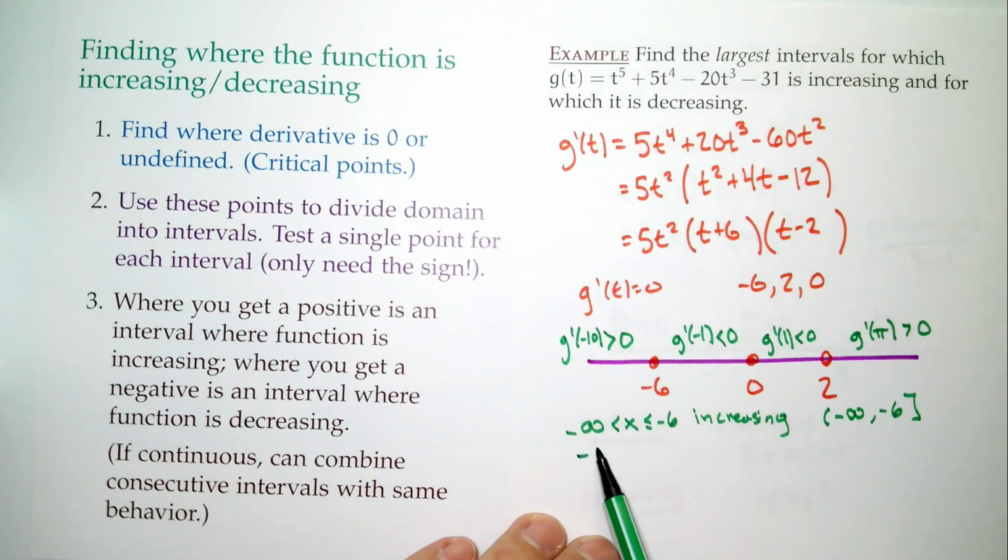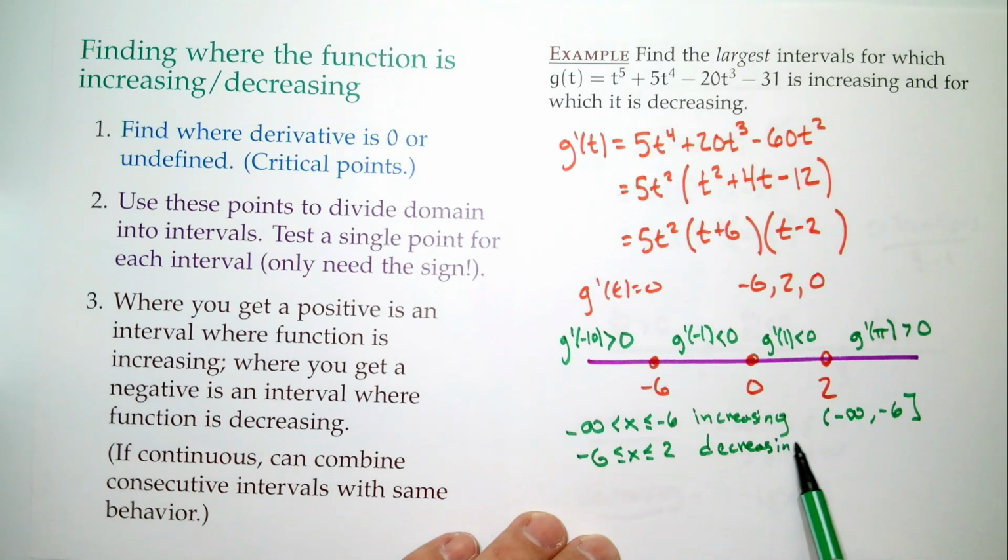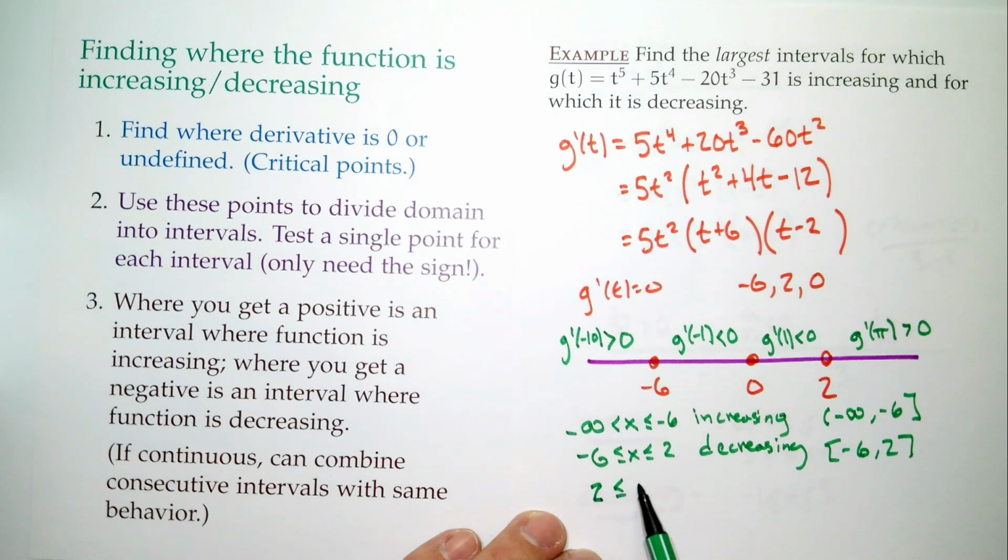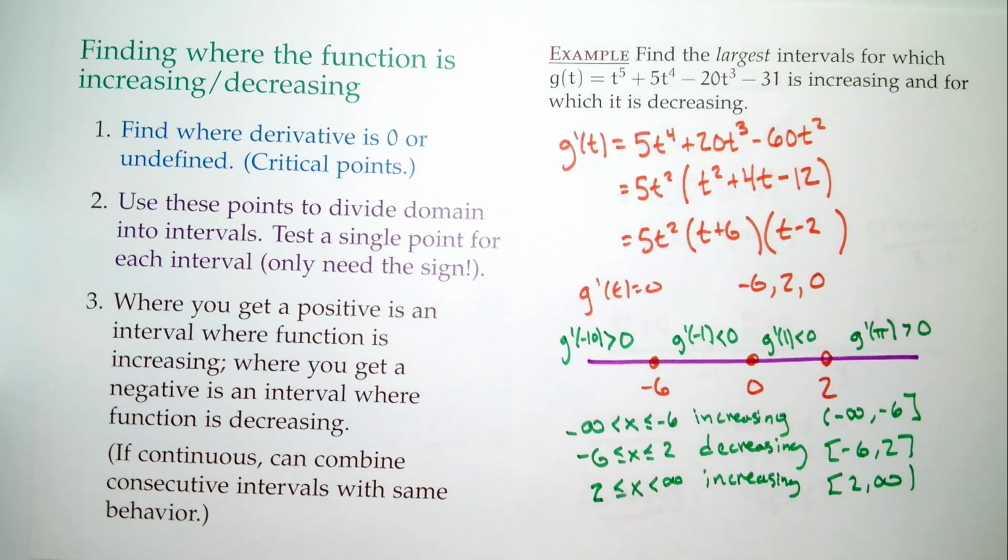So negative 6 up to 2, we're going down. Okay, finally, what's the last part? 2 up to infinity. And that's increasing. Okay, so that's the answer to this one.